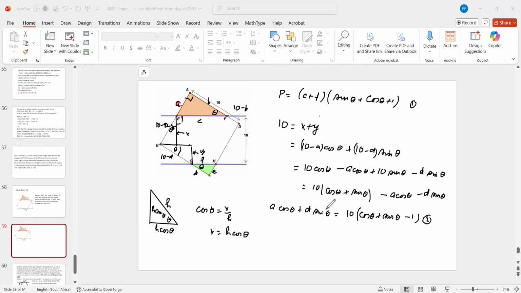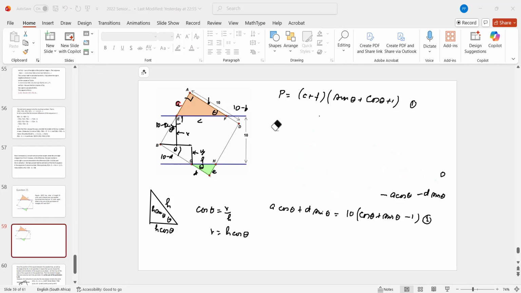I'm just trying to figure out what you do with these. Let's take out all these calculations. Eventually I'll land with the problem: I've got C plus F here, and here I've got A and D, which are adjacent.